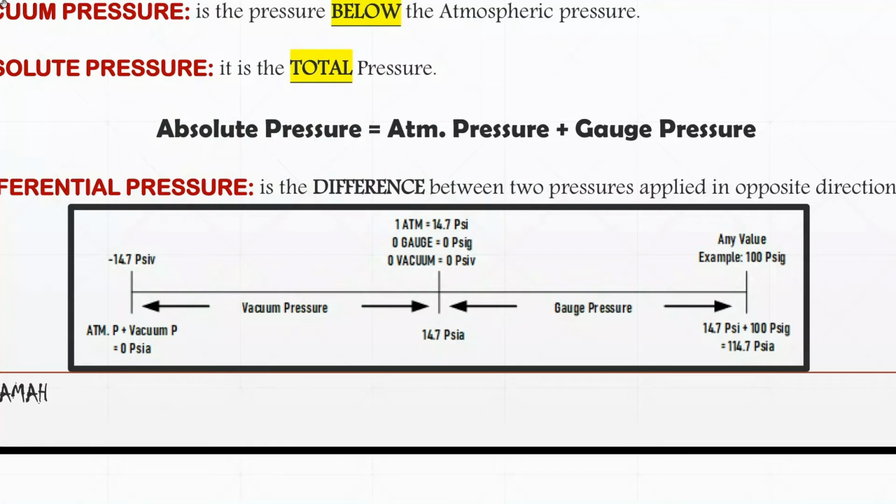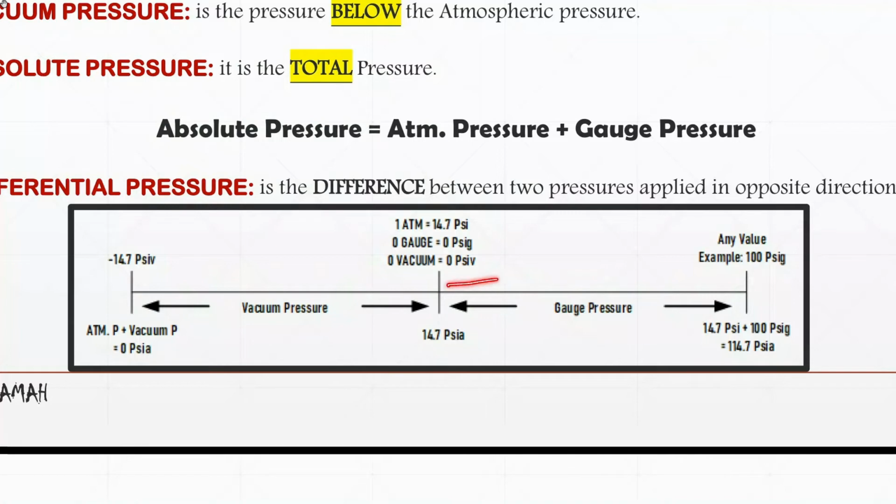Here we have 14.7 psi, so the value that you can take as vacuum is 14.7, so the total will be 14.7 minus 14.7 vacuum, and then you will get 0 psia. So this area is exactly the total vacuum. Here we are in outer space, or in some area that has no pressure at all.